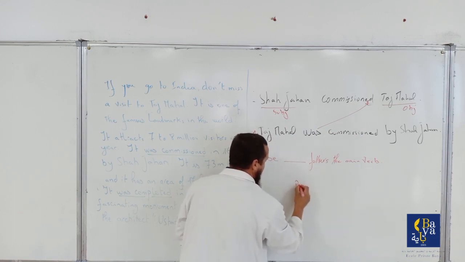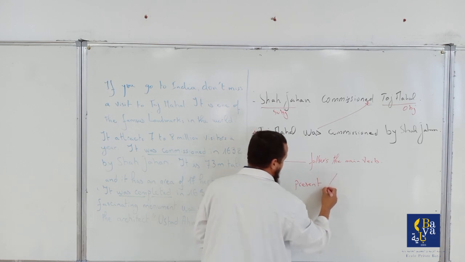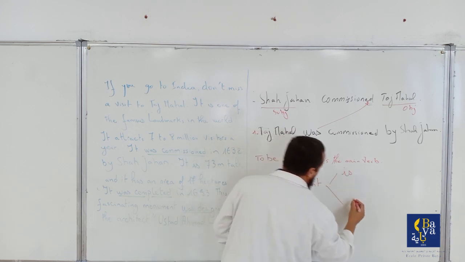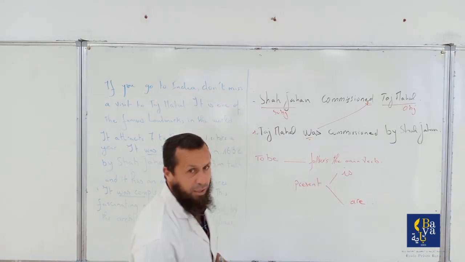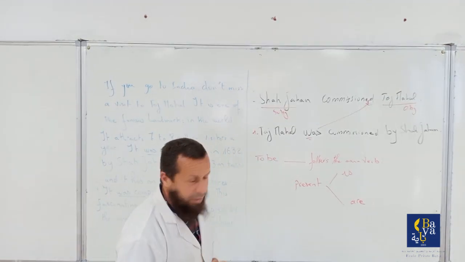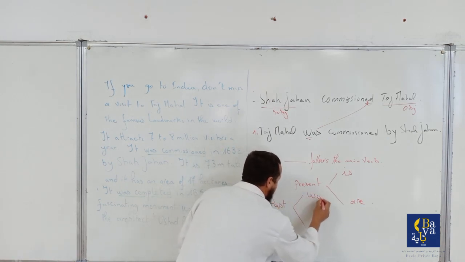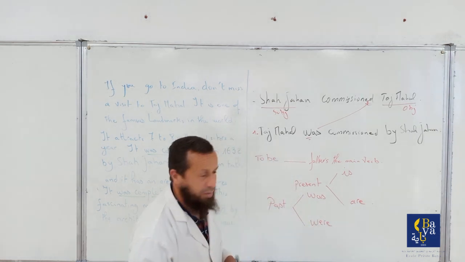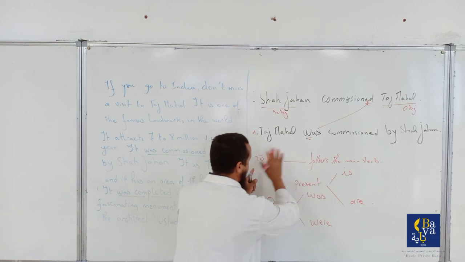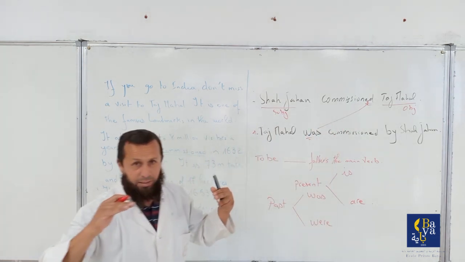If this one is in the present, so we have is or are here. Got it? If it is in the past, the verb is was or were. Okay, this. Here, verb to be follows the verb.